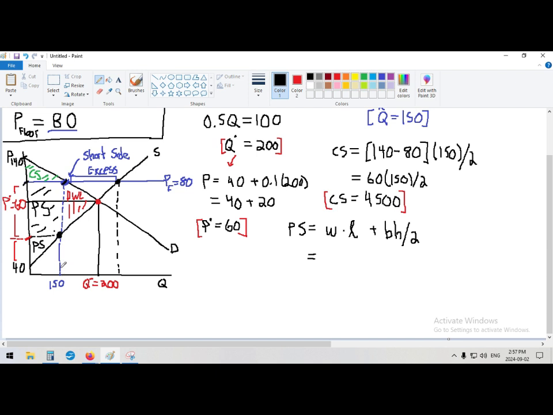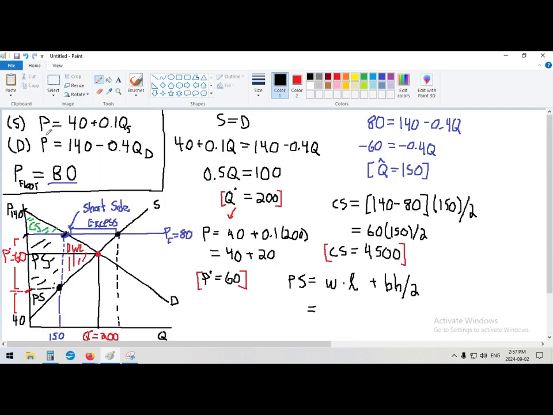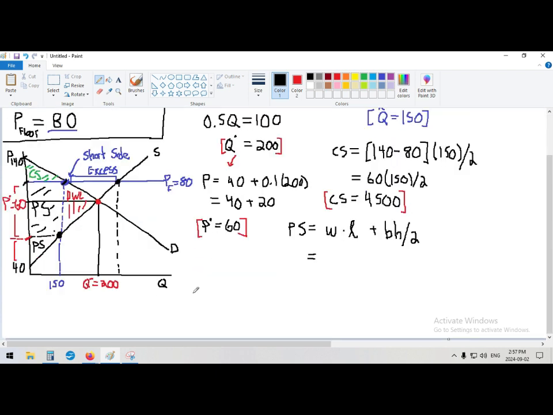So with this point here, we have a quantity of 150. It's going to hit the supply curve here. So if we go to the supply curve and put in a quantity of 150, we should be able to figure this out over here. So P equals 40 plus 10% of 150.